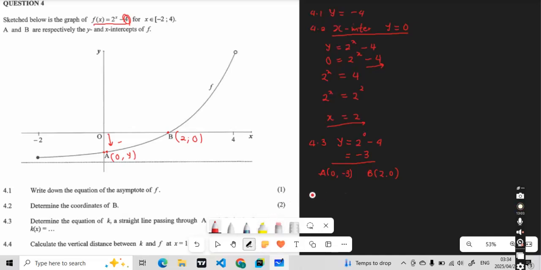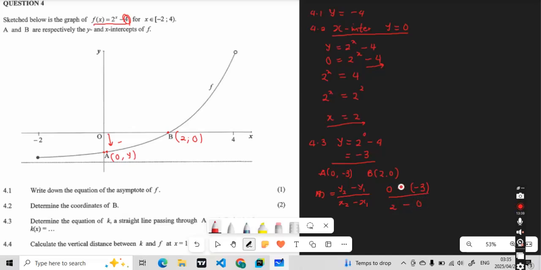The gradient is m equals y2 minus y1 all over x2 minus x1. Therefore, y2 is 0 minus negative 3, all over 2 minus 0.